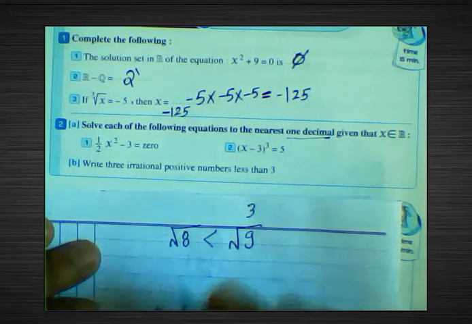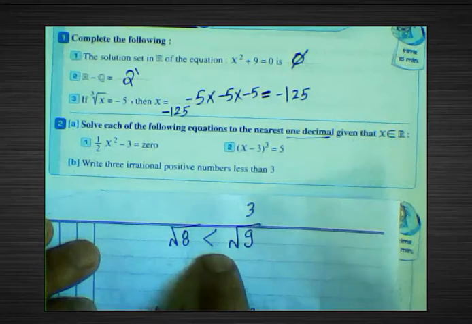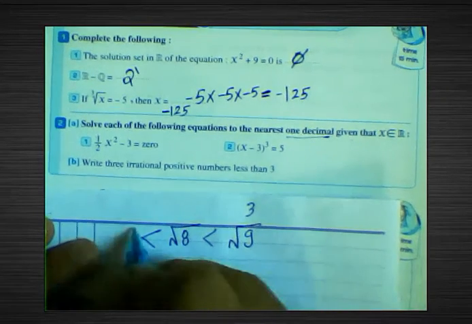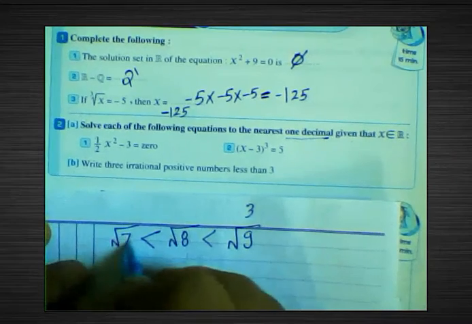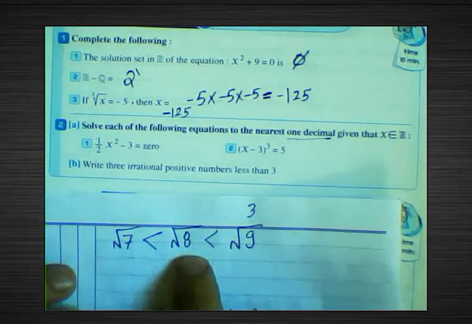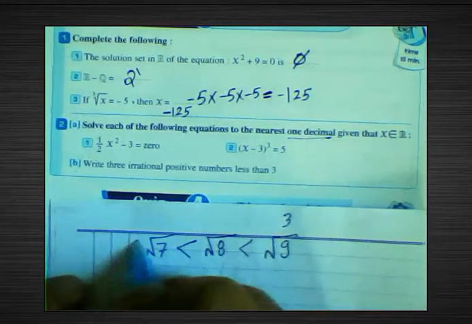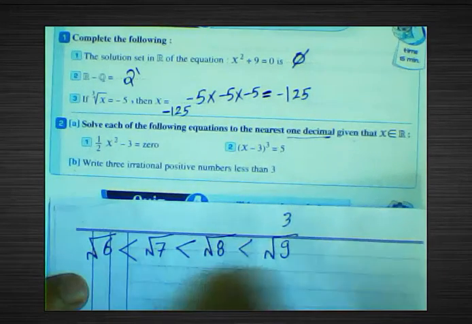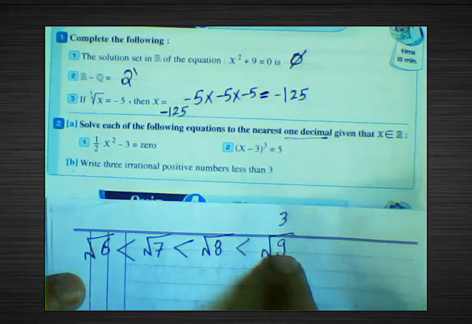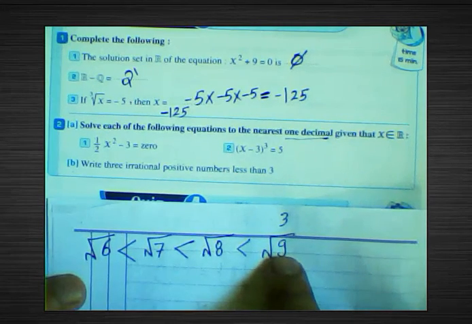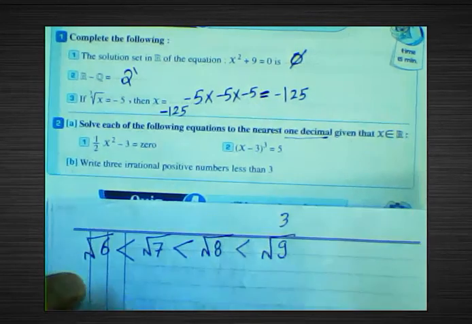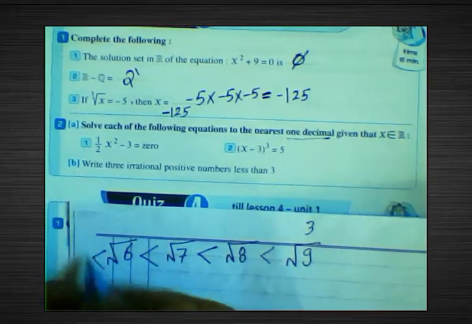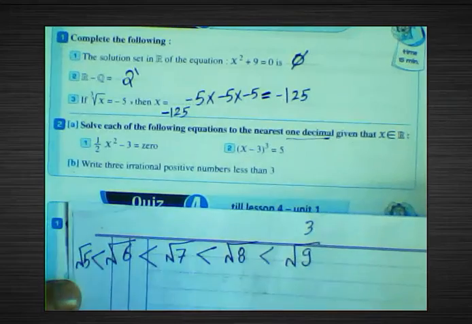So square root of 8 is less than square root of 9, which is 3, and square root of 7 is less than square root of 8, and square root of 6 is less than square root of 9. So the result, we can write square root of 6, square root of 7, square root of 5, as you like.